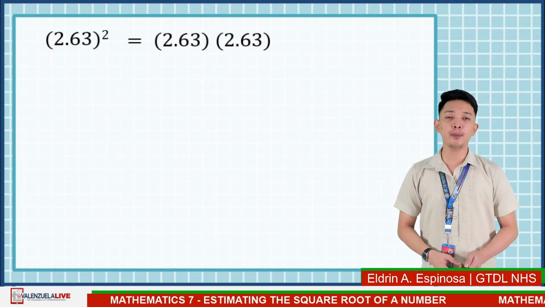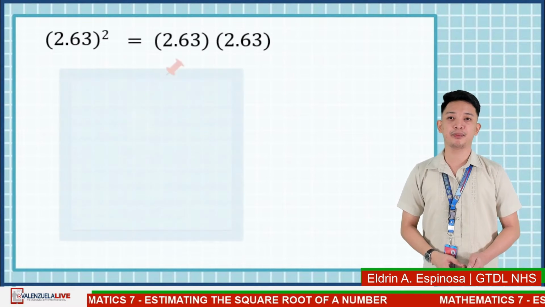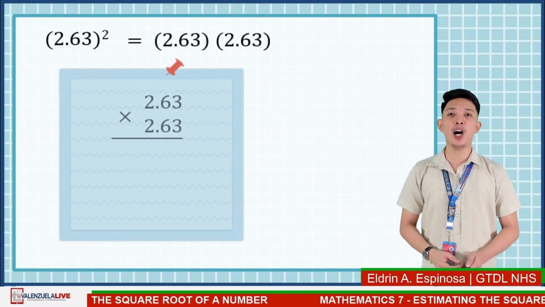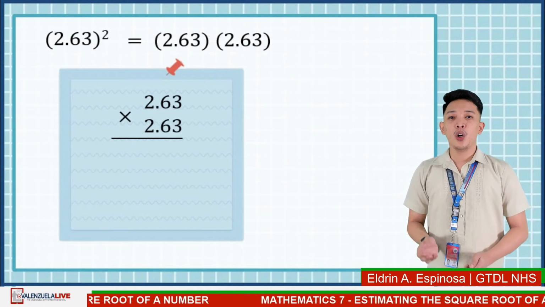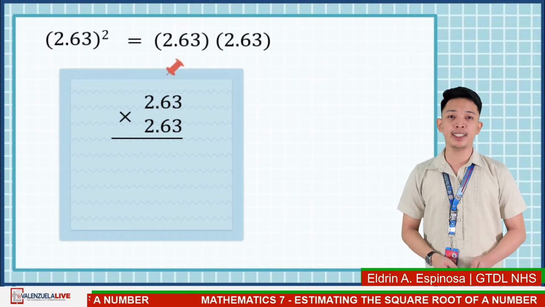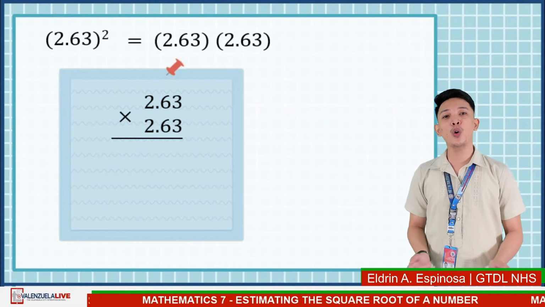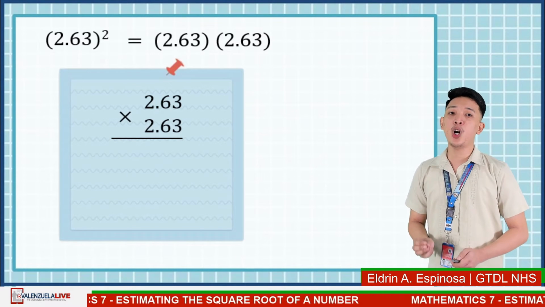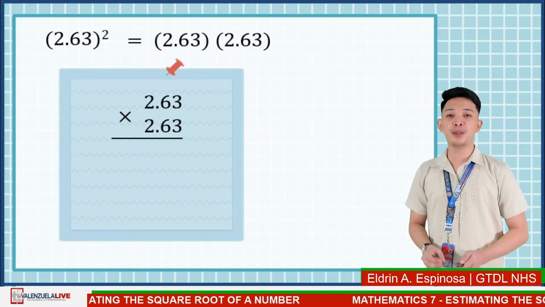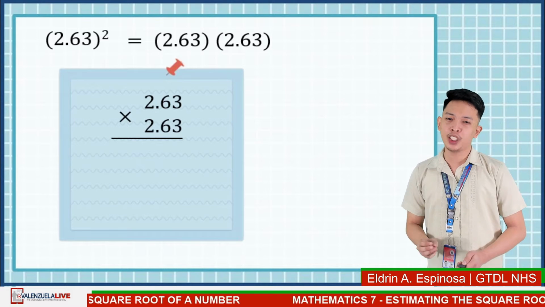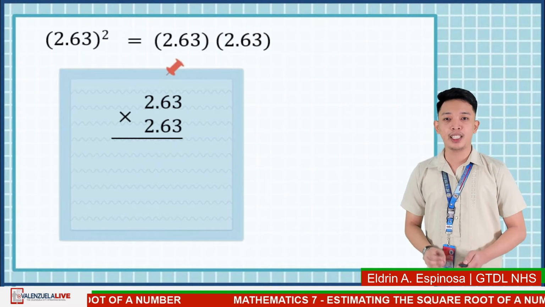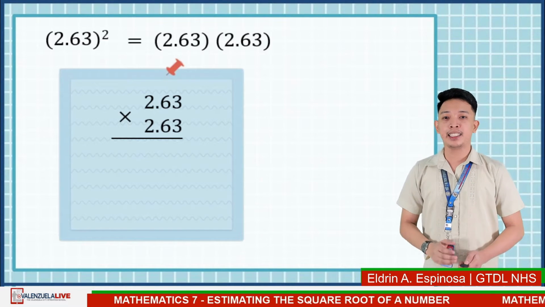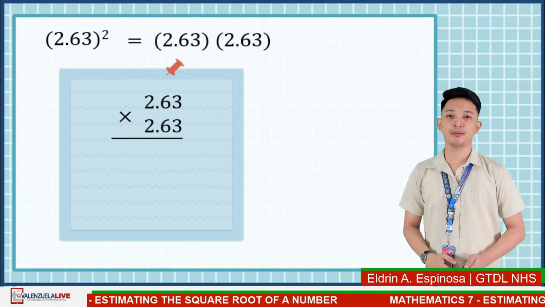And how do we multiply decimals? All right. Reviewing your skills on how to multiply decimals, we need to multiply these numbers just as if they were whole numbers. Line up the numbers on the right, then starting on the right, multiply each digit in the top number, which is the multiplicand, by each digit in the bottom number, which is the multiplier, just as with whole numbers.